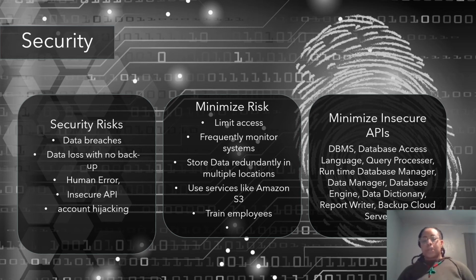While we are using the cloud architecture, it would also be a good idea to have some sort of backup setup using services like Amazon S3. Also properly training employees on how to be safe is another way to minimize security risk.